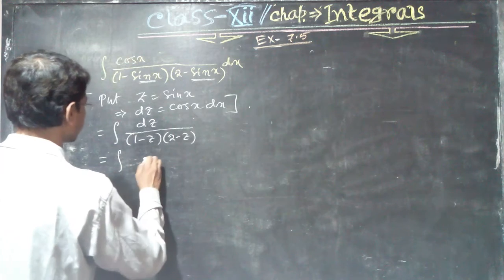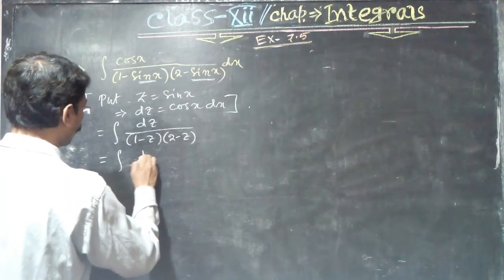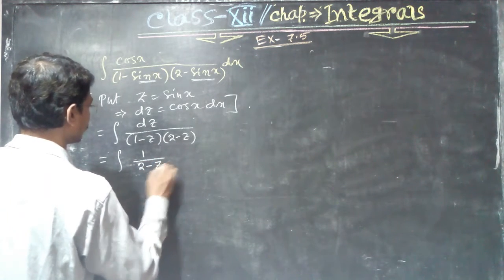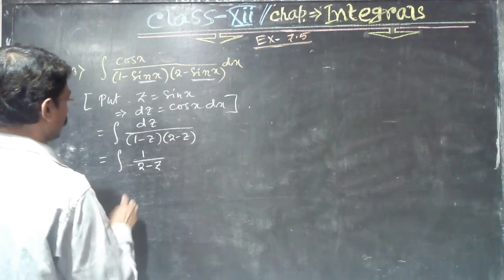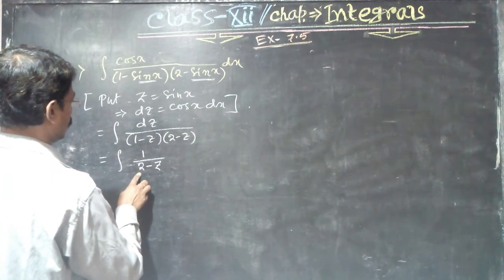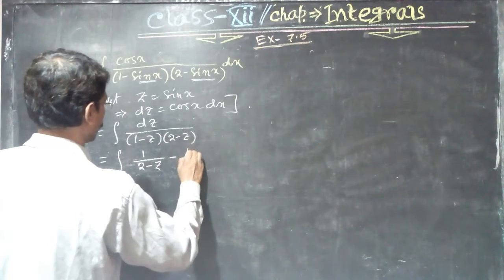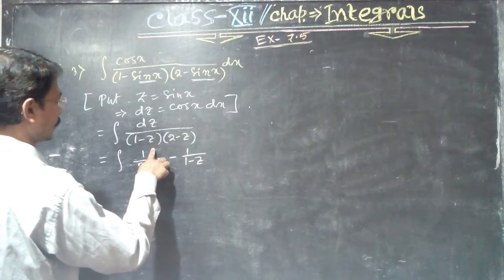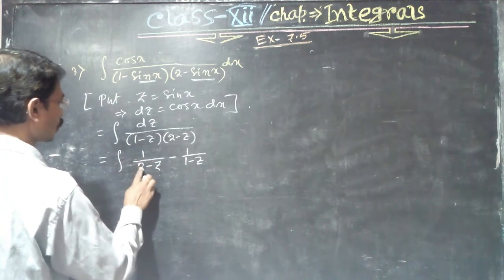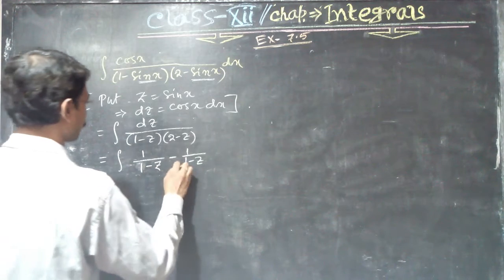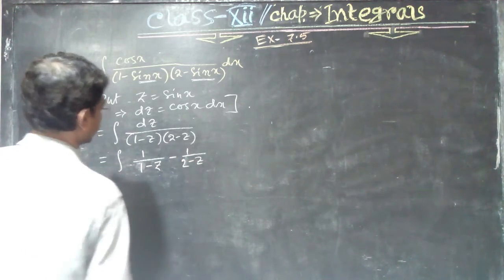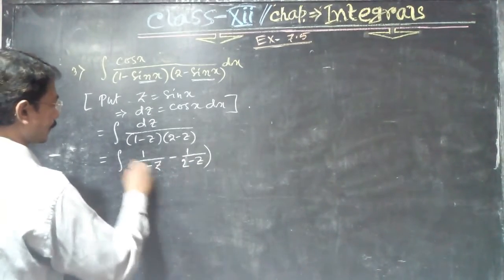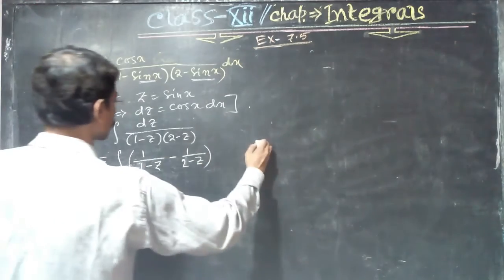If you rewrite this in this way: 1 by 2 minus z minus 1 by 1 minus z. Then the LCM is 1 minus z into 2 minus z, and the numerator, you see what happened.